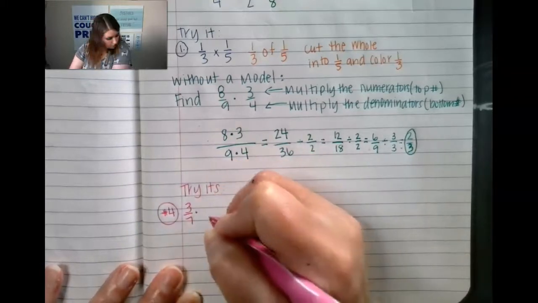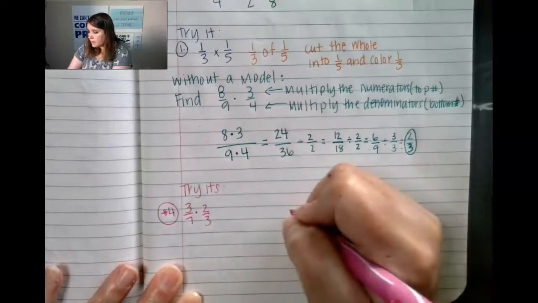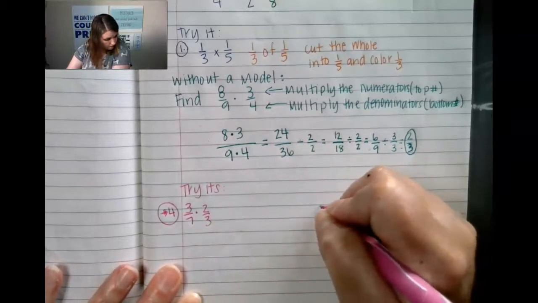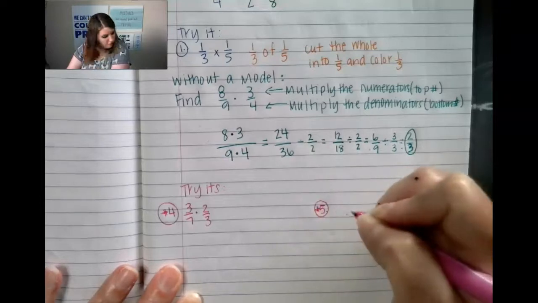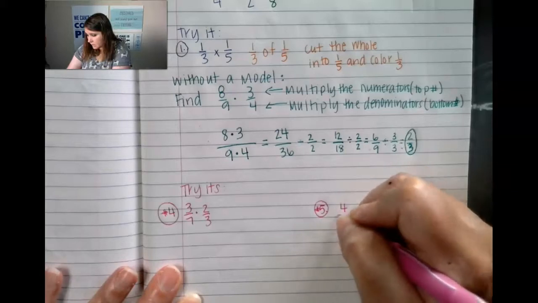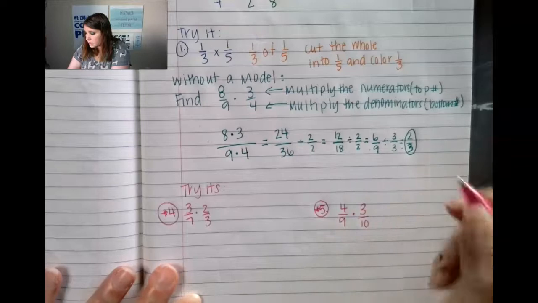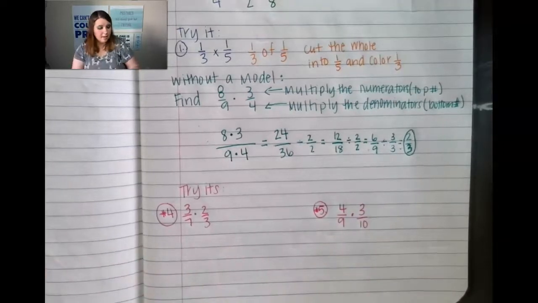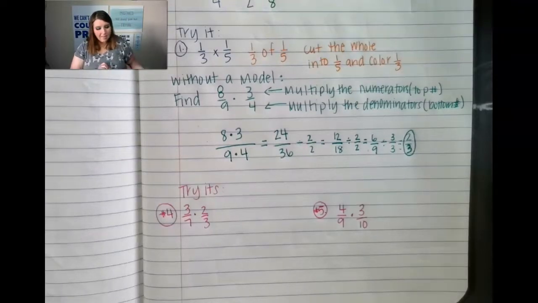And try it number 5 says 4/9 times 3/10. So go ahead and pause the video right now so that you don't hear me explaining how to do those 2 try-its. And then we will solve them.